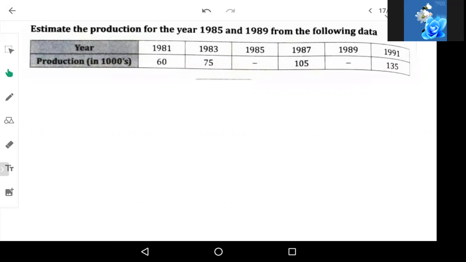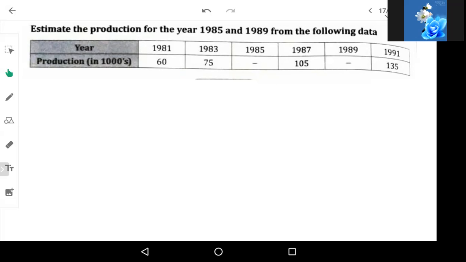So let us start. Firstly, they've asked us to estimate the production for the year 1985 and 1989 from the following data. So the data is missing in between, and this is an interpolation problem. Now, this way of solving interpolation and extrapolation is same. There's no change in that.